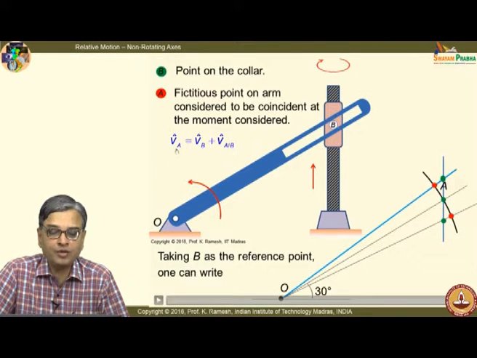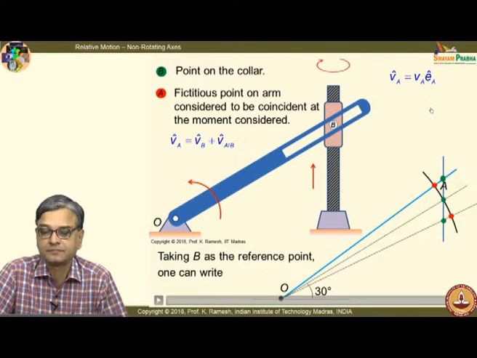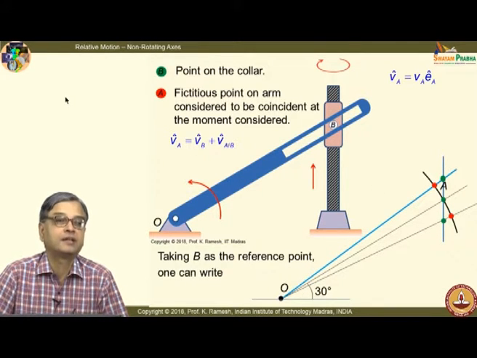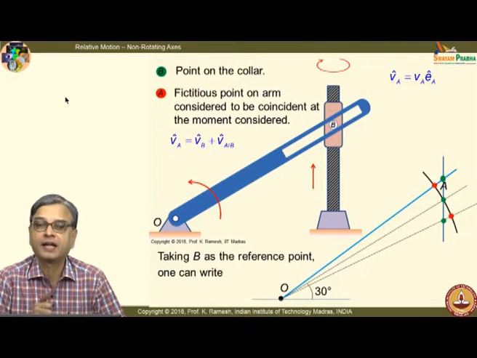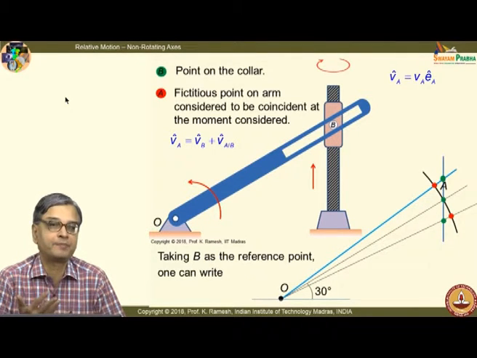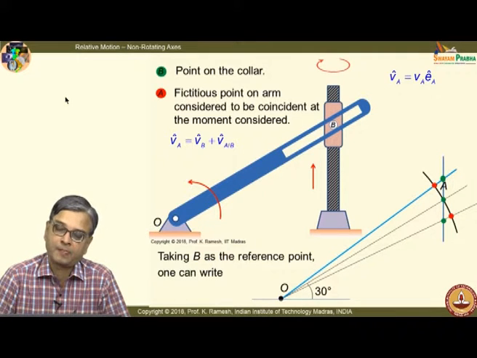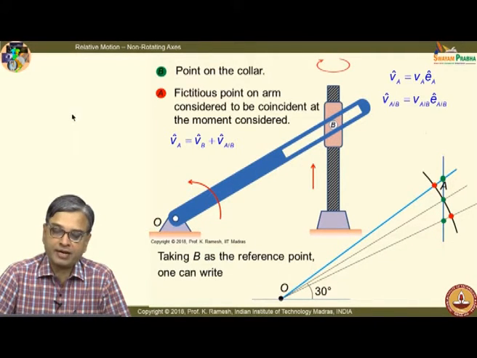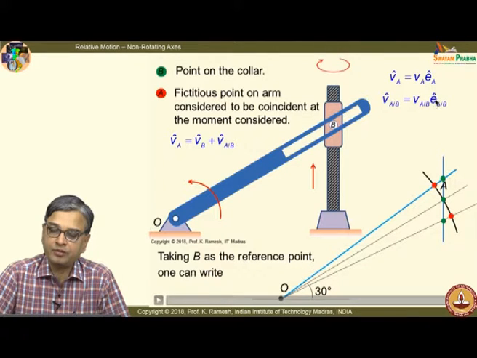Now, I need to know the unit vectors for the direction A and the relative motion direction. So, I have to write VA as magnitude VA multiplied by EA, and you have a depiction of the motion of point A and the motion of point B. And we will also have to write VAB as VAB into unit vector E cap AB.